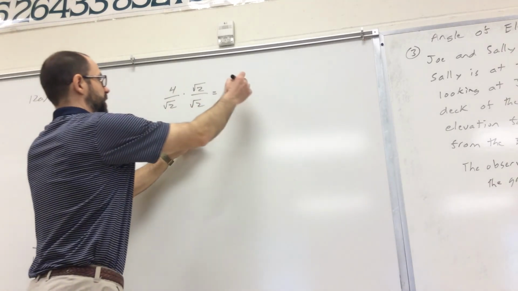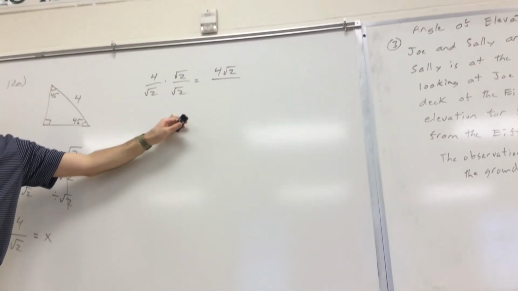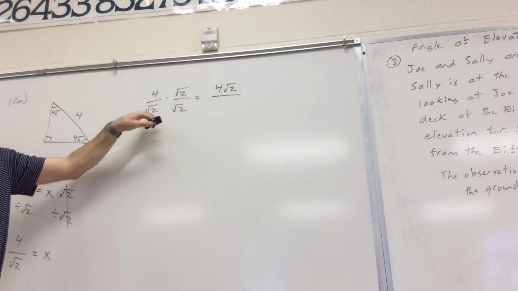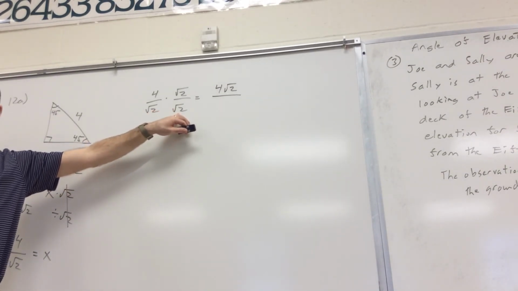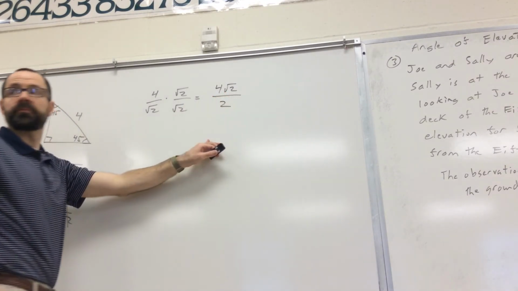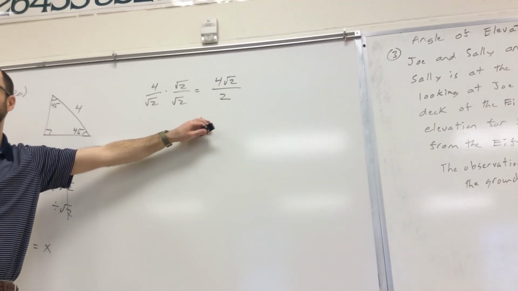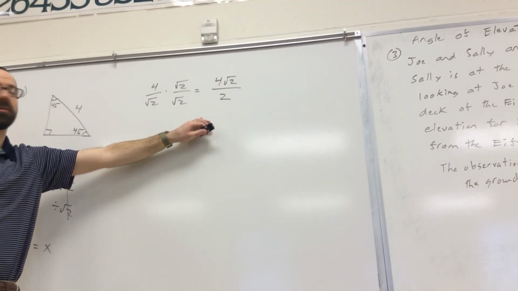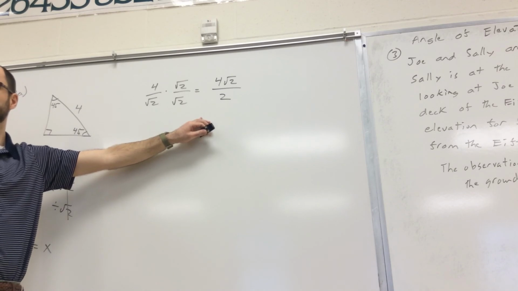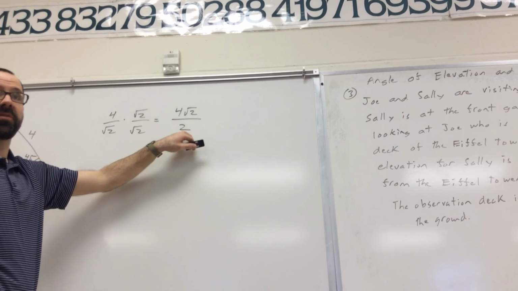So we're going to multiply across the top, and also multiply across the bottom. The square root of 2 times the square root of 2 is the square root of 4, but then the square root of 4 comes out to 2. So the process we're doing right now is called rationalizing the denominator. And then you can even go one more step. The 4 divided by the 2 is 2.